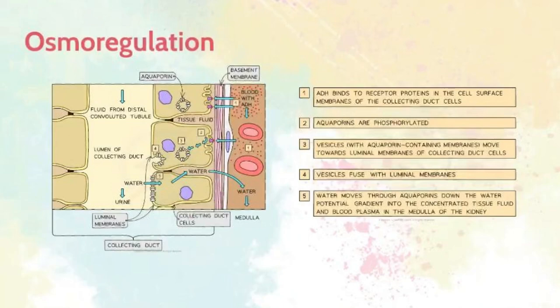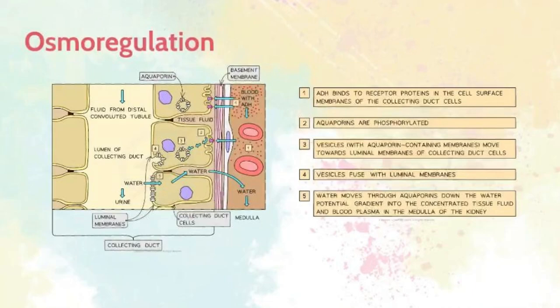These vesicles with the aquaporin stored in their membranes then move towards the luminal membranes, and the vesicles fuse with these membranes, presenting the aquaporins now on the surface of the cells. Water then moves through the aquaporins, down the water potential gradient, and into the concentrated tissue fluid and blood plasma in the medulla of the kidney.